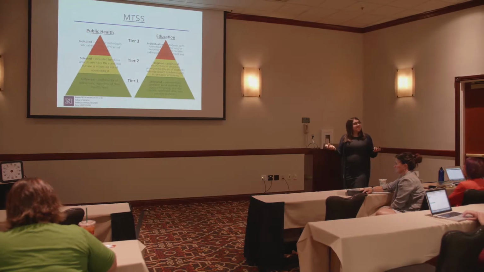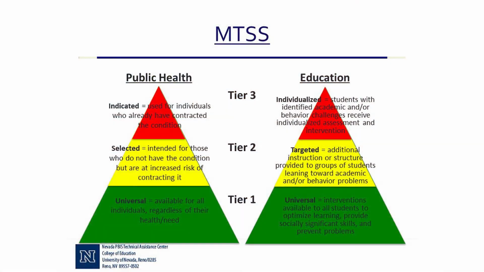So where did MTSS come from? I'll give you a little bit of history. MTSS really came from the public health care model. Okay, so what we see down here is universal, available to all individuals regardless of their health condition, okay? So if we think about the flu virus, right? Let's think about flu virus and prevention of flu virus.